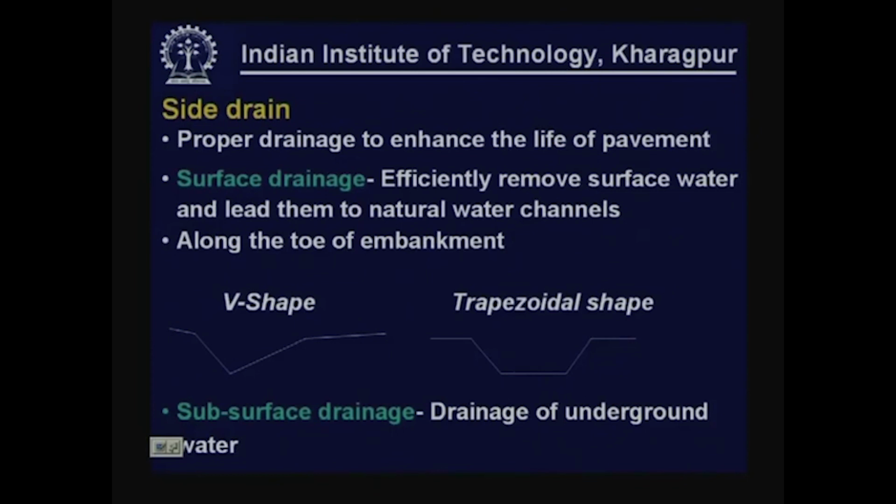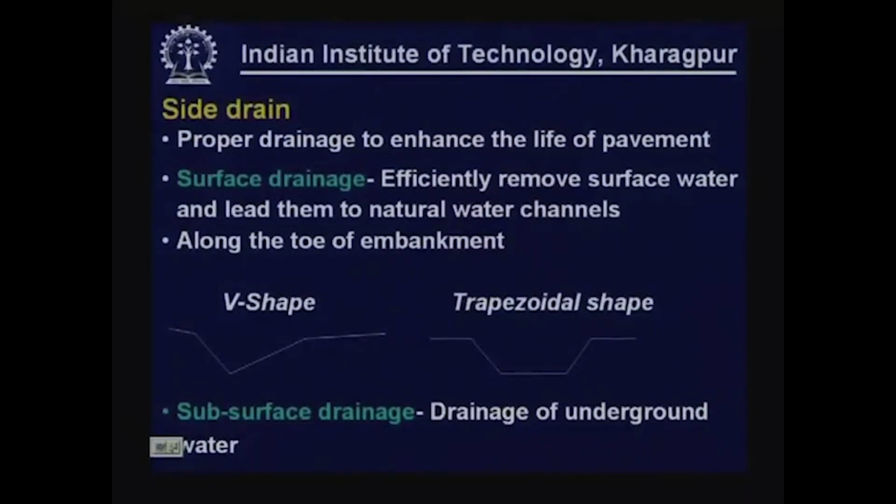They are normally provided along the toe of the embankment. They may be of V shape or trapezoidal shape. So, water which is coming out through the camber should be channelized to natural water channels. So, we need to provide surface drainage.